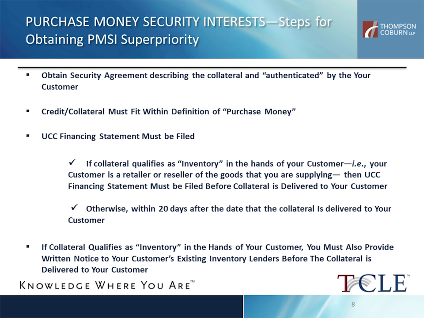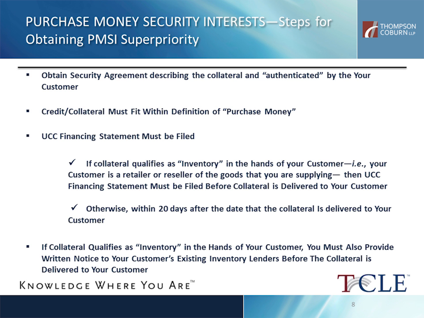customer. A final requirement for obtaining a purchase money security interest, and again, this only applies in those situations in which the goods that you're delivering are inventory in the hands of your customer. That is, your customer is going to sell those goods to third parties as a retailer or reseller of those goods.